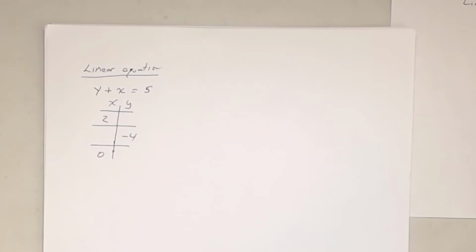For example, in the first one, they want you to use what number for X? 2, and then you have to find Y. Well, all it is is plug and chug. You go back to your equation, wherever you see the variable X, you plug in 2. Then you use your knowledge from the first 2 tests.